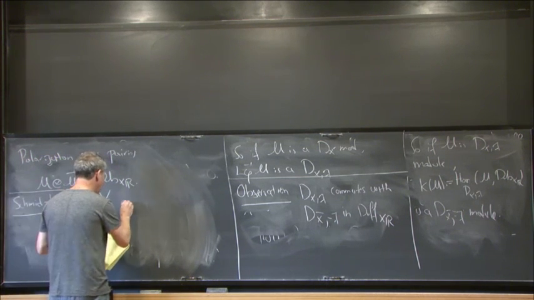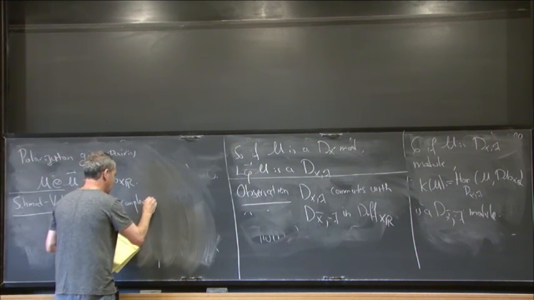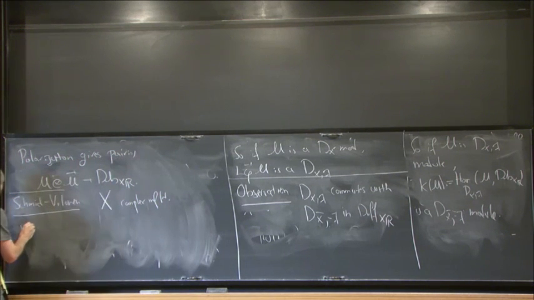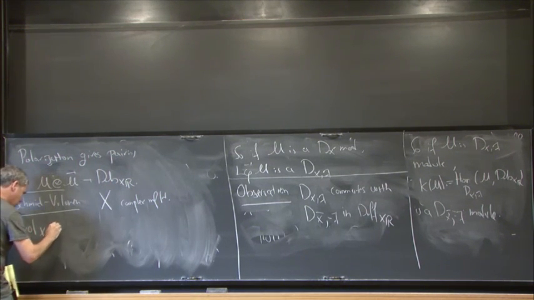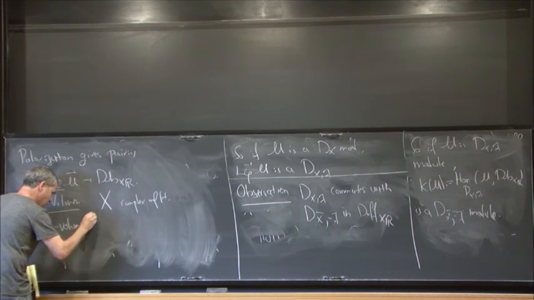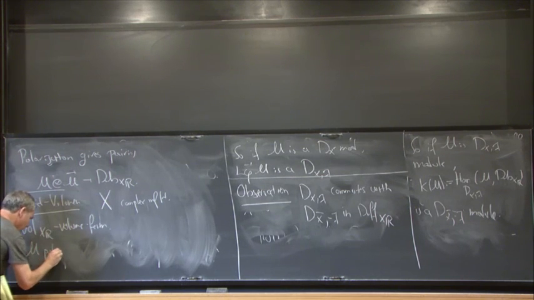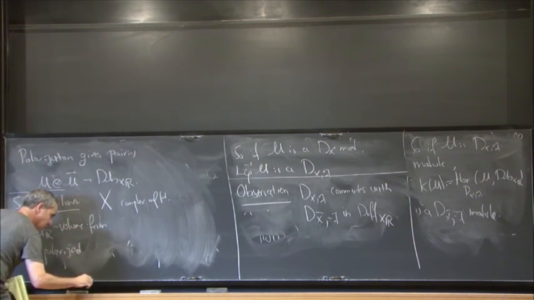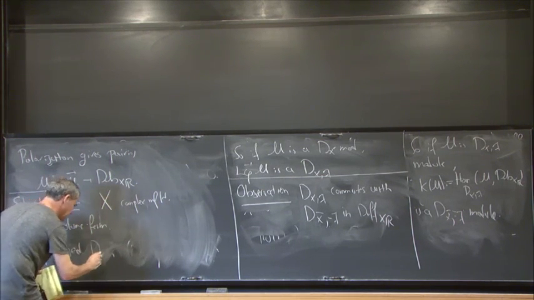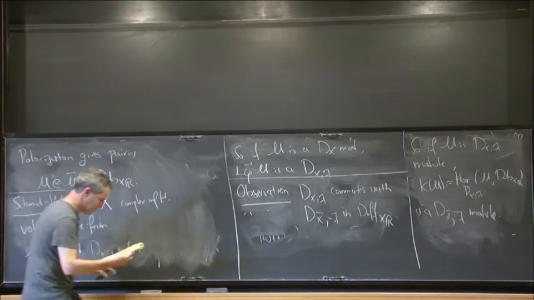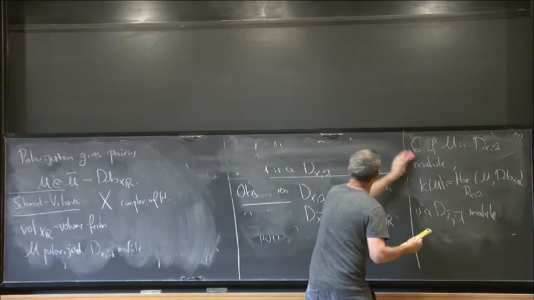Suppose X is a complex manifold with a volume form, and suppose M is polarized, a polarized D_X^lambda module for some lambda.